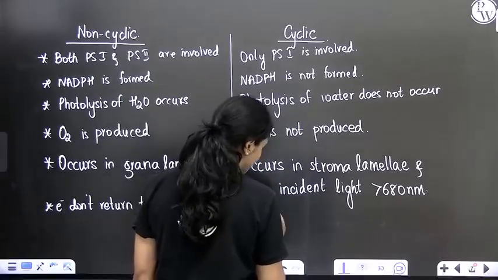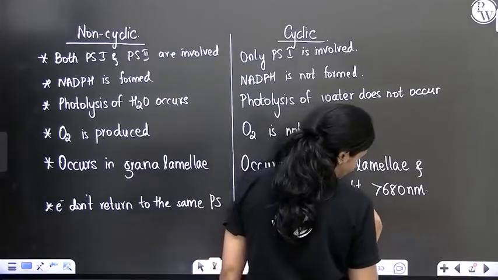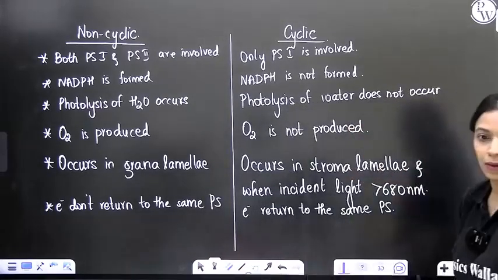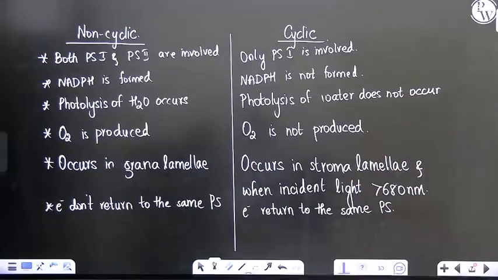So here electrons return to the same photosystem. Okay, I hope it is clear right now. We will move on if nobody has any doubts. Good job. Many of you have answered very well. Very nice.